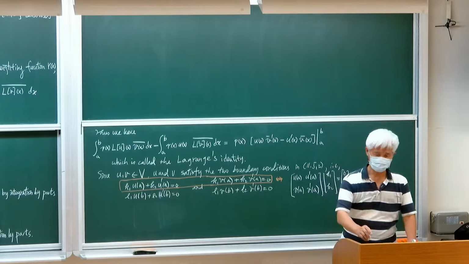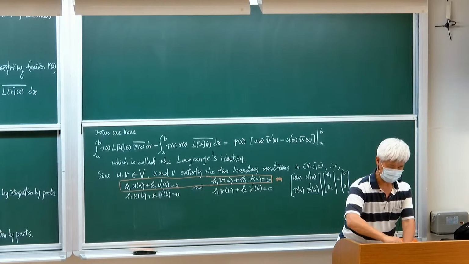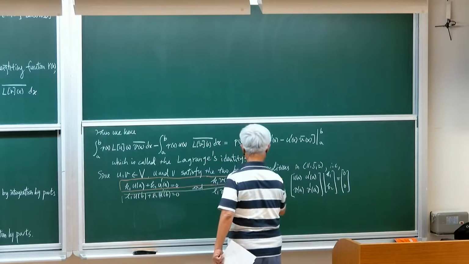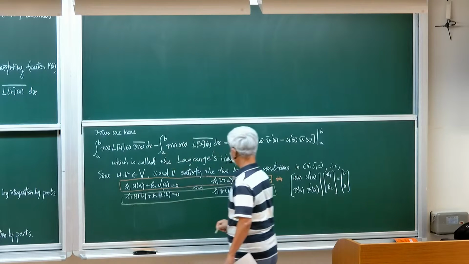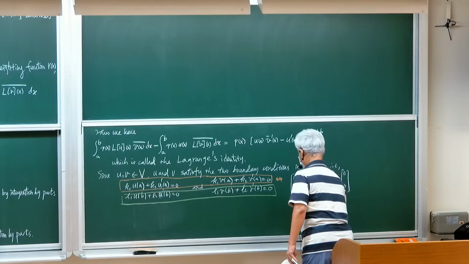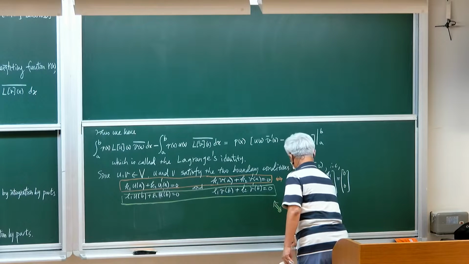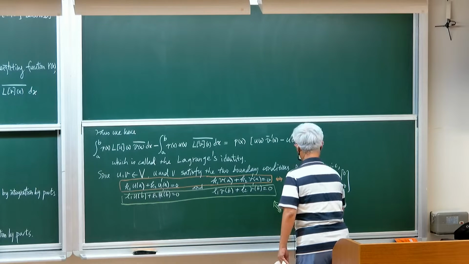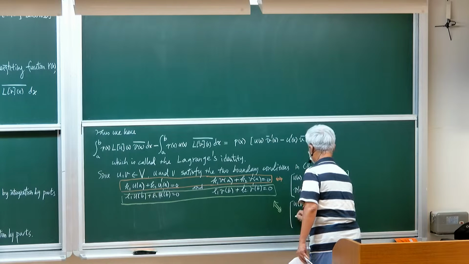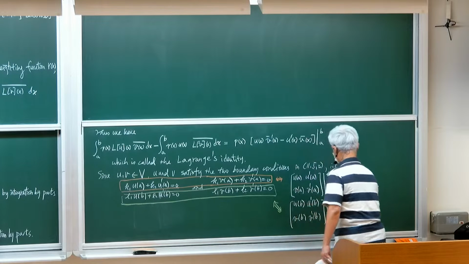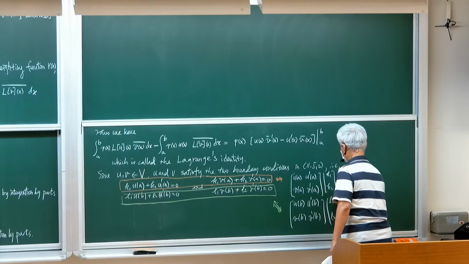And similarly, we can consider these two equations together. You can see that they share the same L1 and L2, and so we can write them as the matrix U(B), U prime(B), V(B), V prime(B), times L1, L2, equals 0, 0.